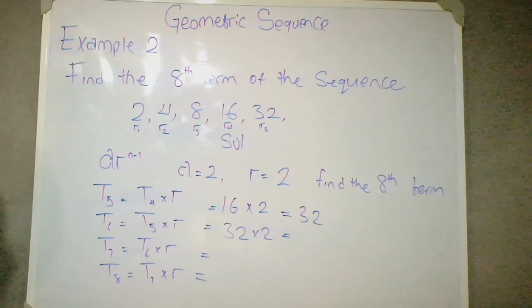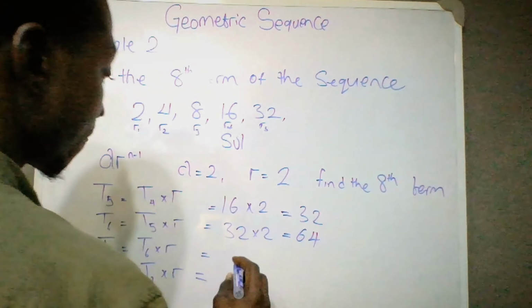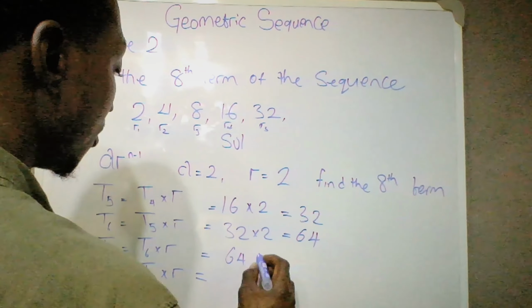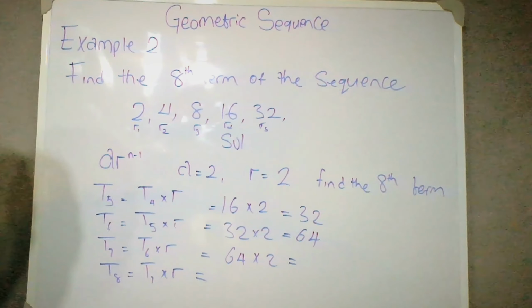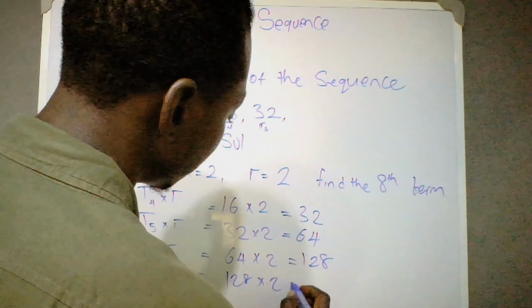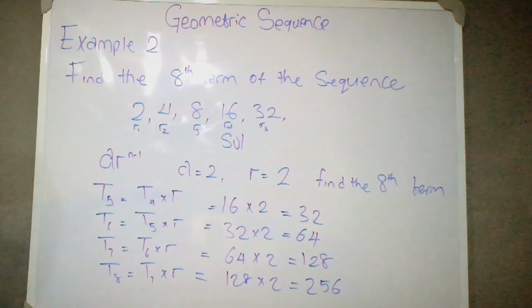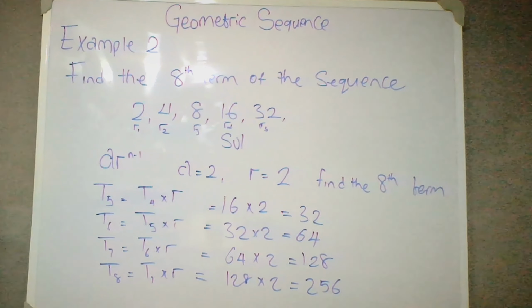So we have 32 multiplied by 2 gives us 64. Then 64 multiplied by 2 is 128. Then 128 multiplied by 2 is 256.